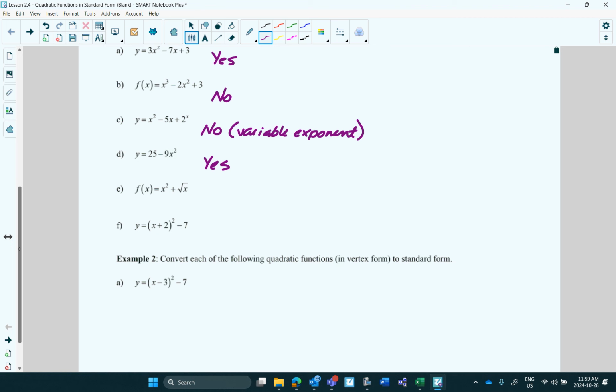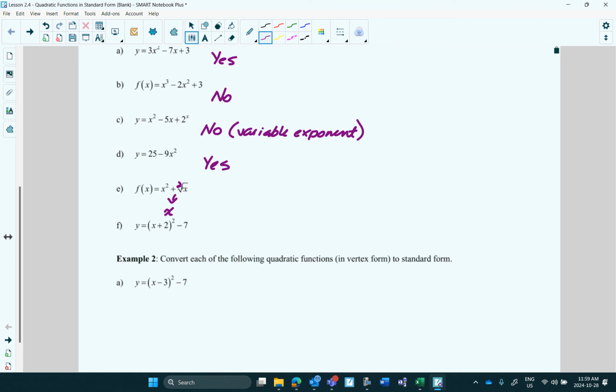Oh, the next one, you've got to remember your exponents from grade 10. How do you write square root x as an exponent? Do you remember? Square root of x is the same as x to the... Not x squared.